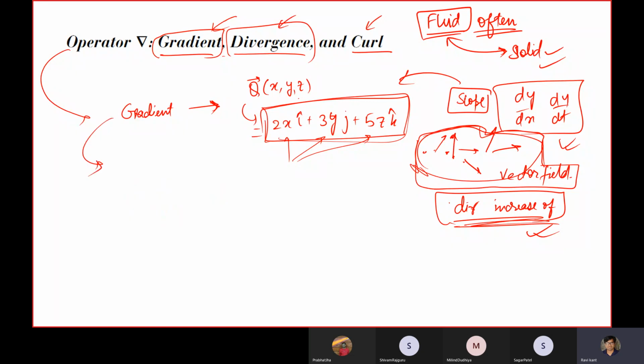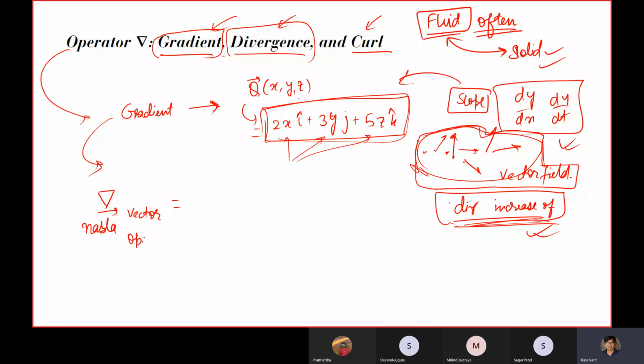Okay, and in order to get the gradient, you are going to use an operator called nabla. This is the nabla operator. It is itself like a vector, but it has no other significance as a vector.